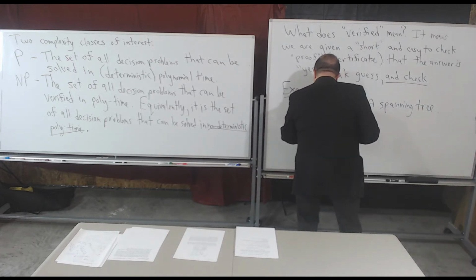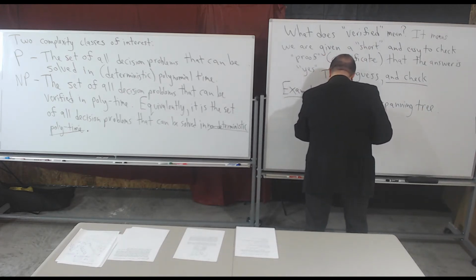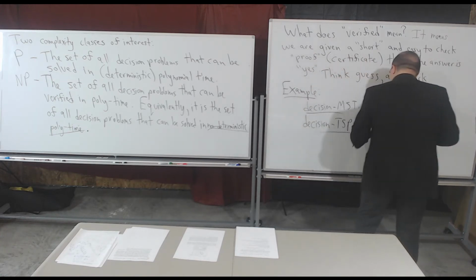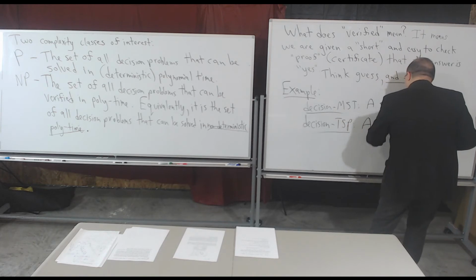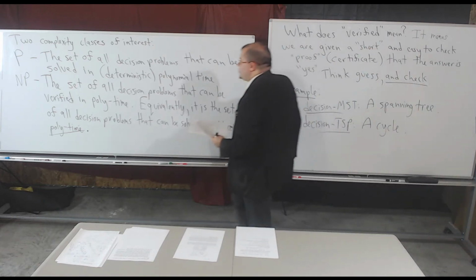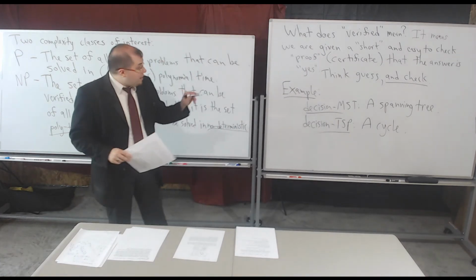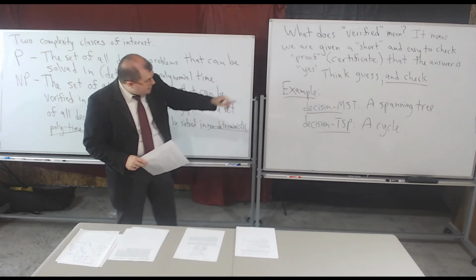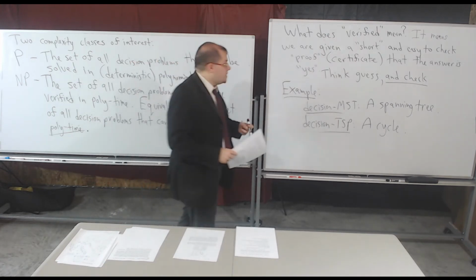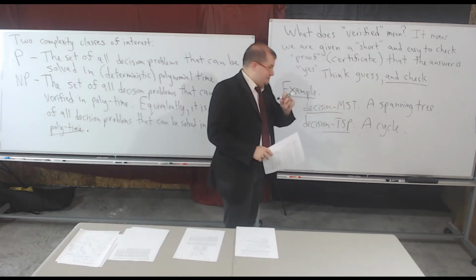Or if you're thinking about decision TSP, which we're going to consider, you just think it's a cycle. If I gave you one of these, your job is to determine if it's correct, that it is in fact a spanning tree and it has a cost at most k. So that's all your job is to do.